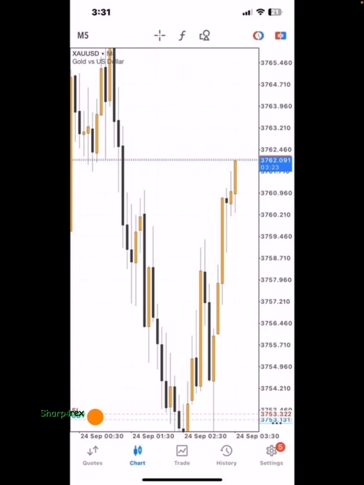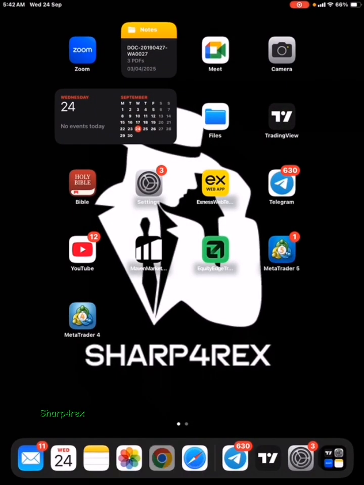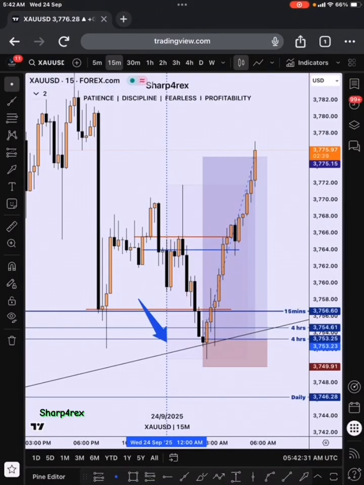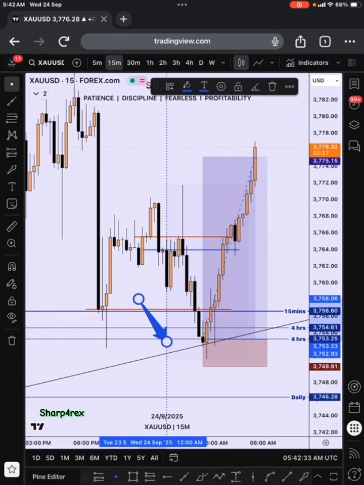At this point it had moved about 90 pips, but eventually went over 130 to 150 at the time I took massive partials. So now let's go back to it. You can see that at this point, price then came back.